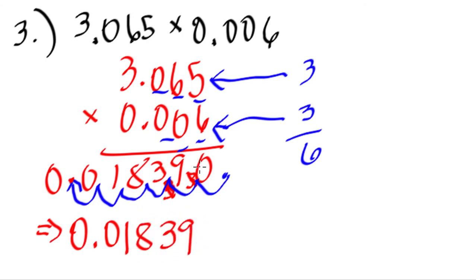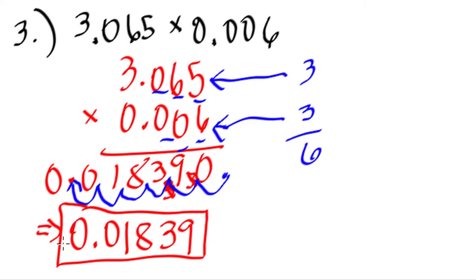We may not write the zero anymore here, since it's okay not to write it. So this is our answer: 3.065 times 0.006 is 0.01839.